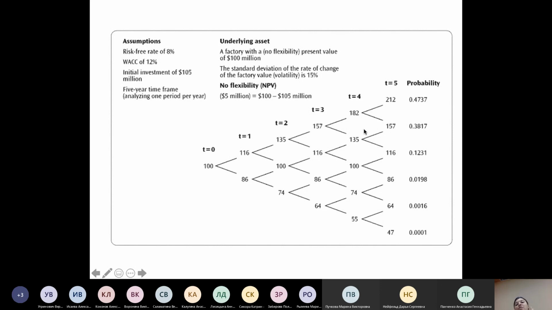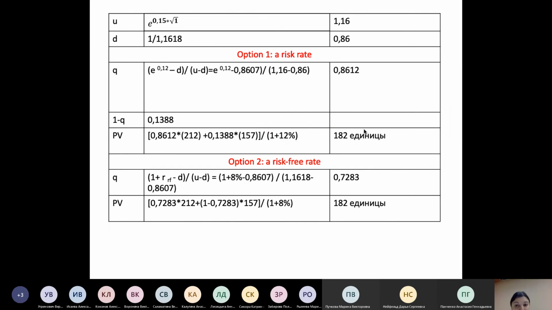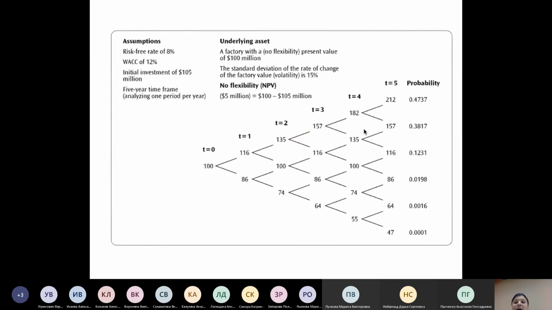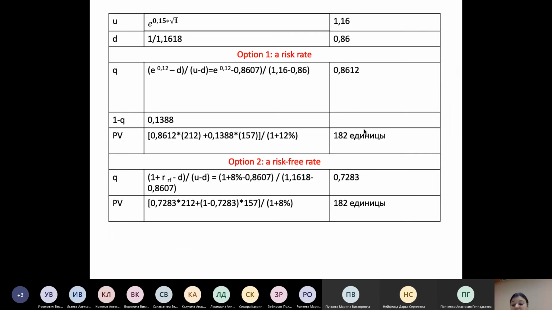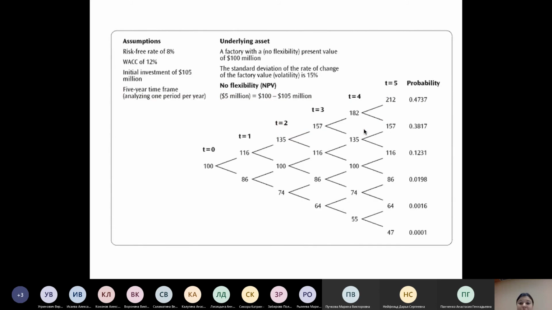Or based on our next pair, it will be 157 multiplied by 72% probability plus 116 multiplied by 17% probability of the bad scenario, and divided by the same 1 plus 8%, and you'll receive 135.35. Good.